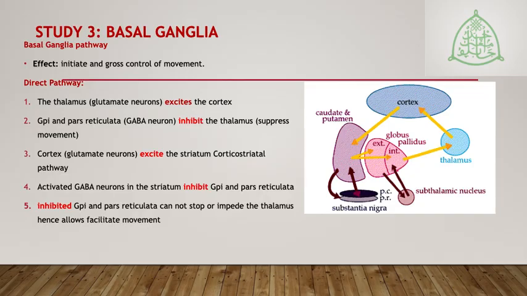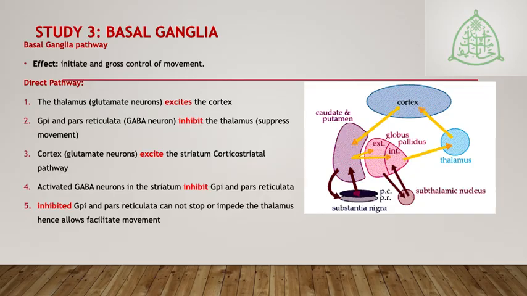Then if you want to execute movement, if you want to move, what happens is that excitatory neurons, referred to as glutamate neurons, come from the cortex. So after we've made the decision that we want to move or we don't want to move, either way, the cortex sends the information to the striatum.